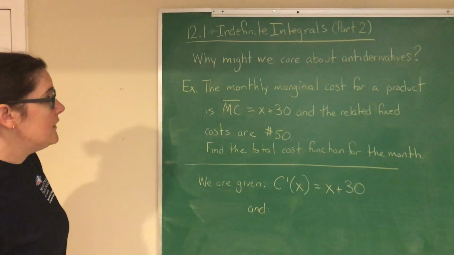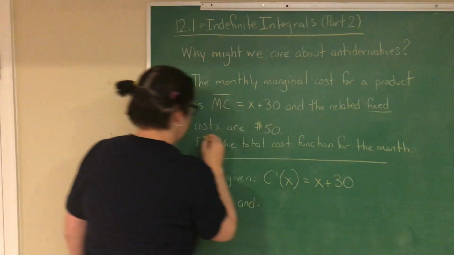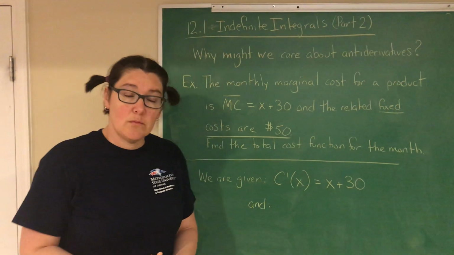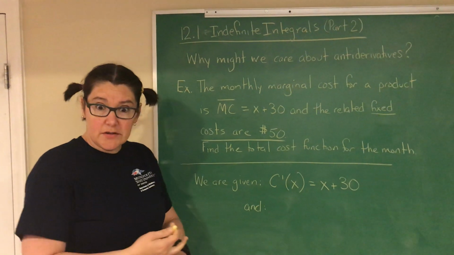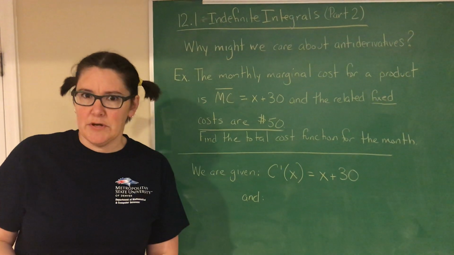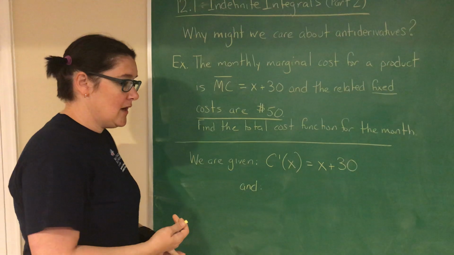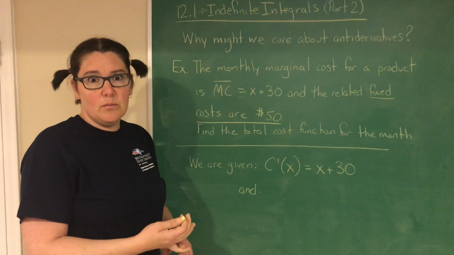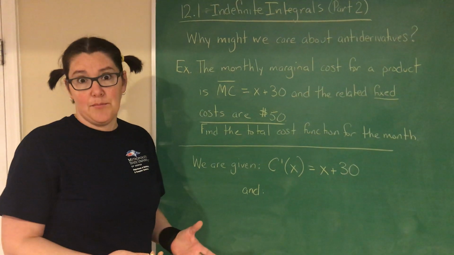And we are told that the fixed costs are $50. When we talk about fixed costs, we're talking about the costs for things like renting the building and paying employees. These are things that you have to do whether or not you actually produce any product.